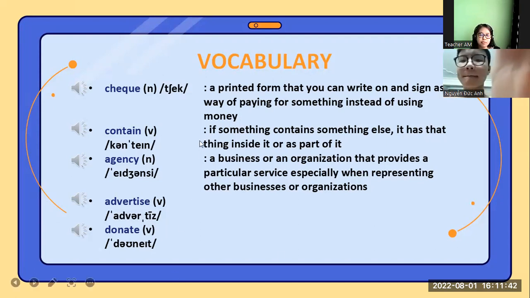So next we have advertise. You say advertise. What do you mean by advertise?